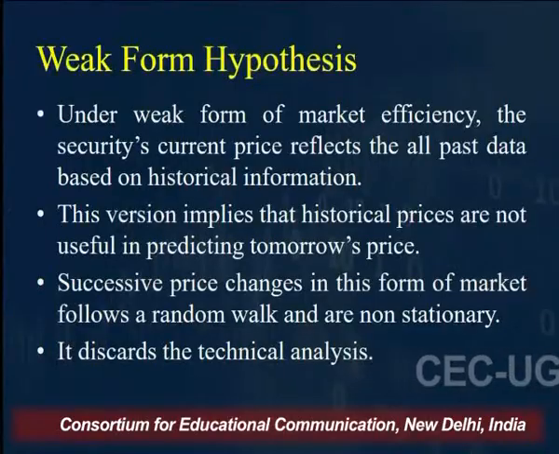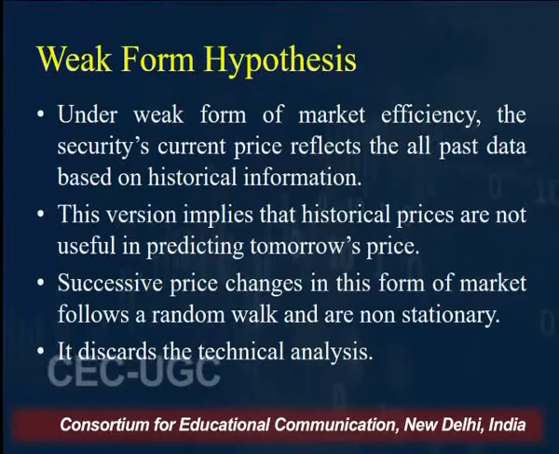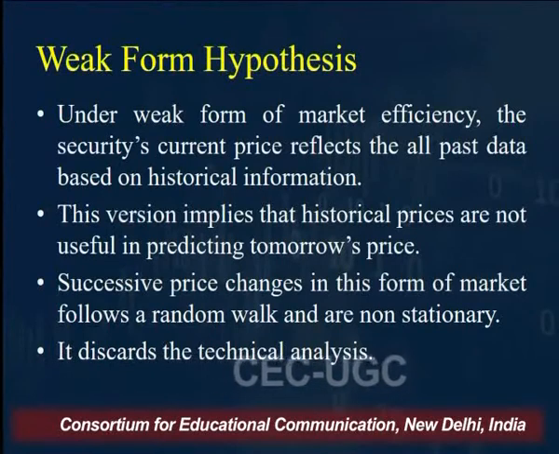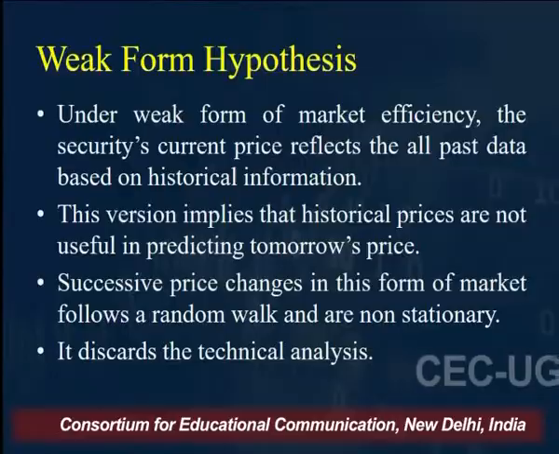weak form of hypothesis. Under weak form of market efficiency, the security's current price reflects all past data based on historical information. It is not a strong form of market efficiency, it is a weak form. In the weak form, the prices are discovered on the basis of historical facts. The past data that is already in the public domain, that is known to everybody, on the basis of this past historical information, the price is reflected in the market.